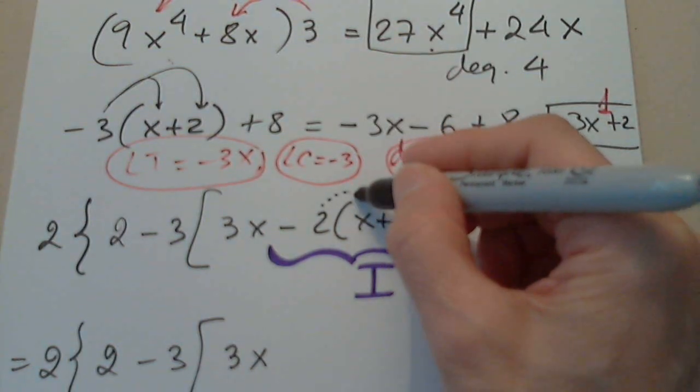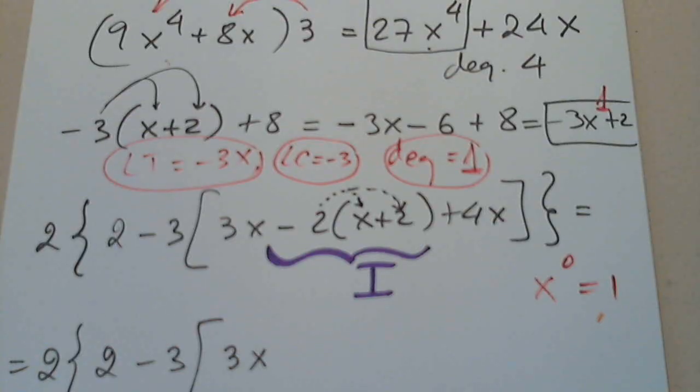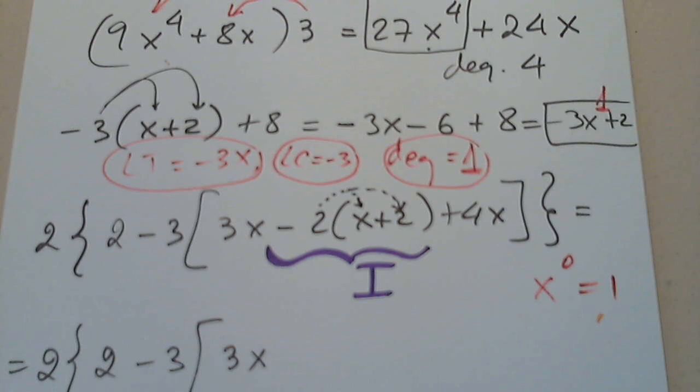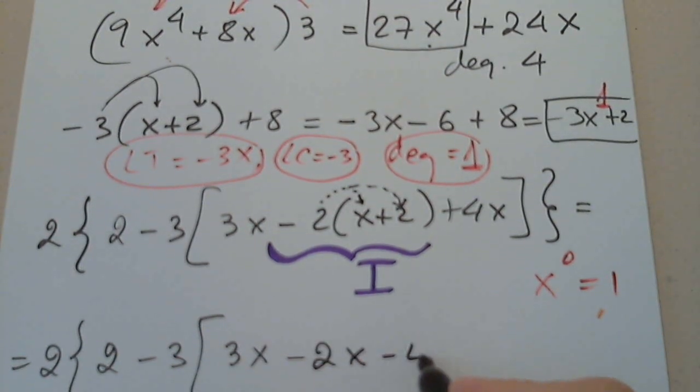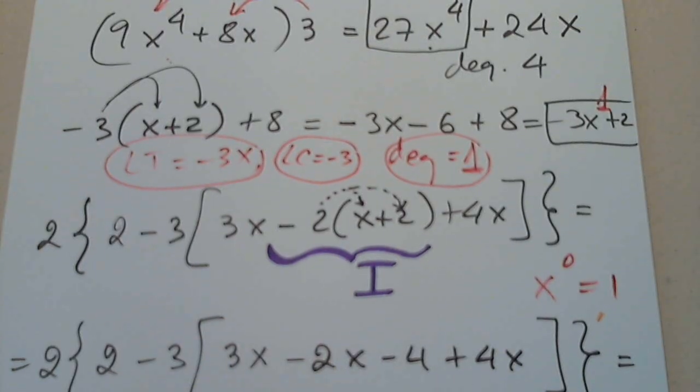I have to distribute negative 2 to these two terms. What do I get when I do that? Negative 2x minus 4. Negative 2x minus 4 plus 4x, bracket. Good.